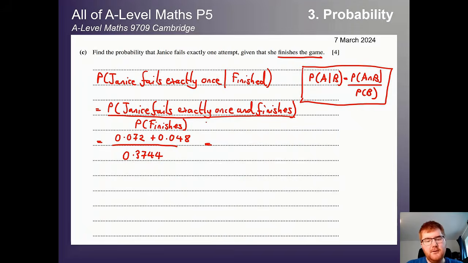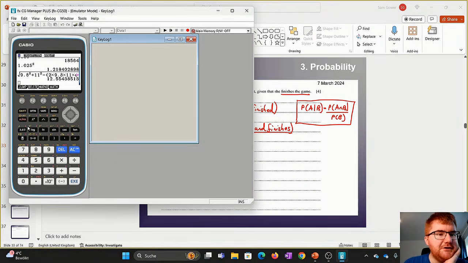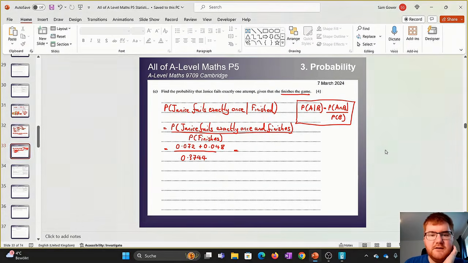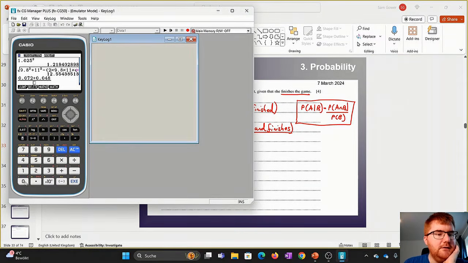So now all we do is pop this into the calculator. So we're going to use my calculator here. Fraction button, 0.072 plus 0.048, all over, double check as always, 0.3744.